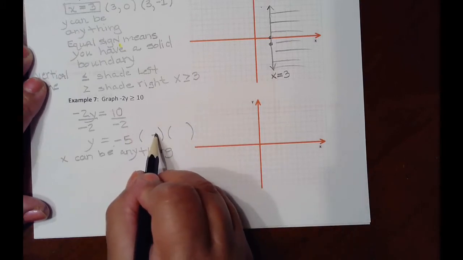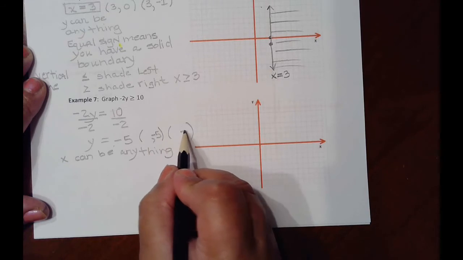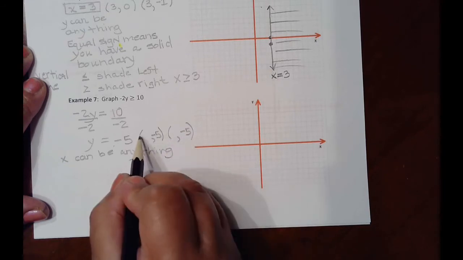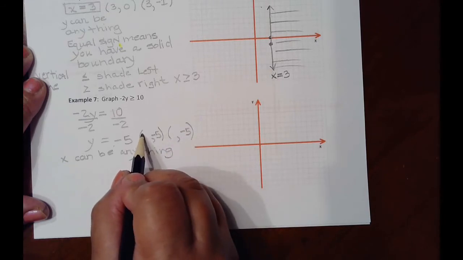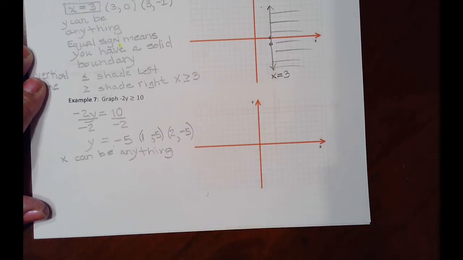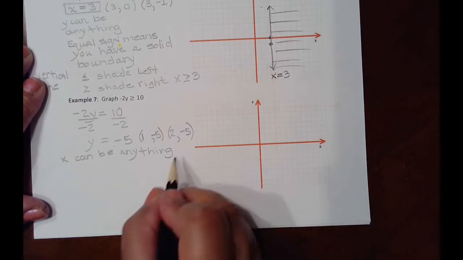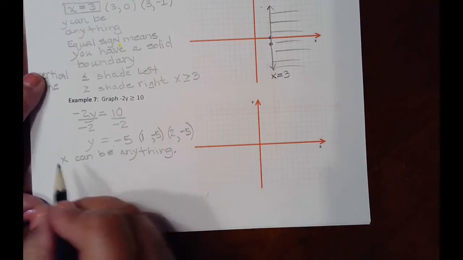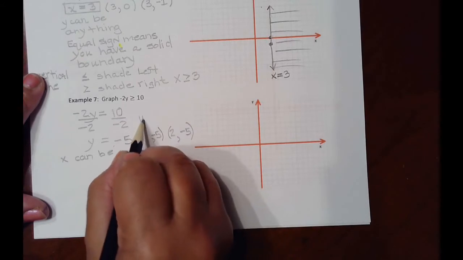Okay, so I'm going to let my y be negative 5. And x's can be whatever you want. You can just choose whatever you want for x. Okay, when you go plot these points, you'll see that you have a horizontal line.